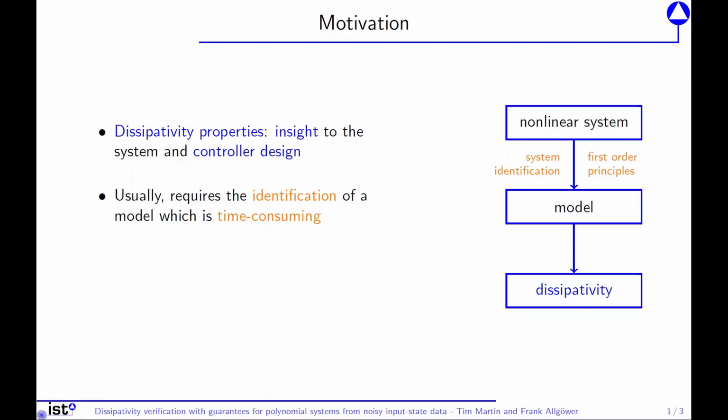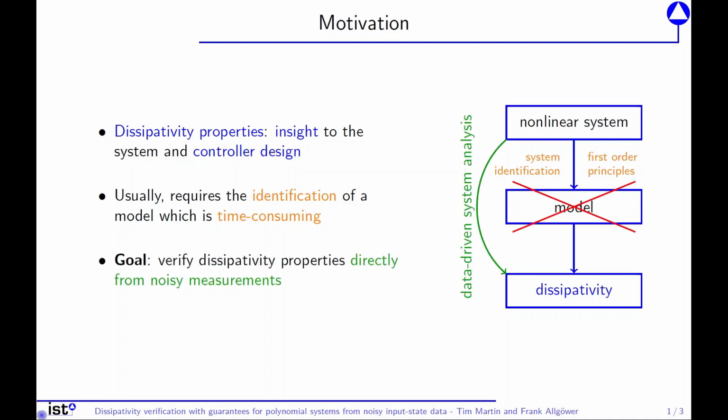Moreover, since the derived model doesn't describe the system exactly, we lose guarantees for the controller. Hence, to circumvent the identification step, we want to verify dissipativity properties directly from noisy input state measurements of the system, where we include information on the noise to provide end-to-end guarantees for the system properties and the controller.